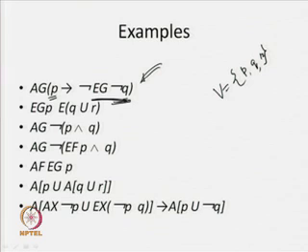If we have phi as a CTL formula, then not phi is also a CTL formula. So, not E G phi is also a CTL formula. So, P is a CTL formula and not E G not Q is also a CTL formula.